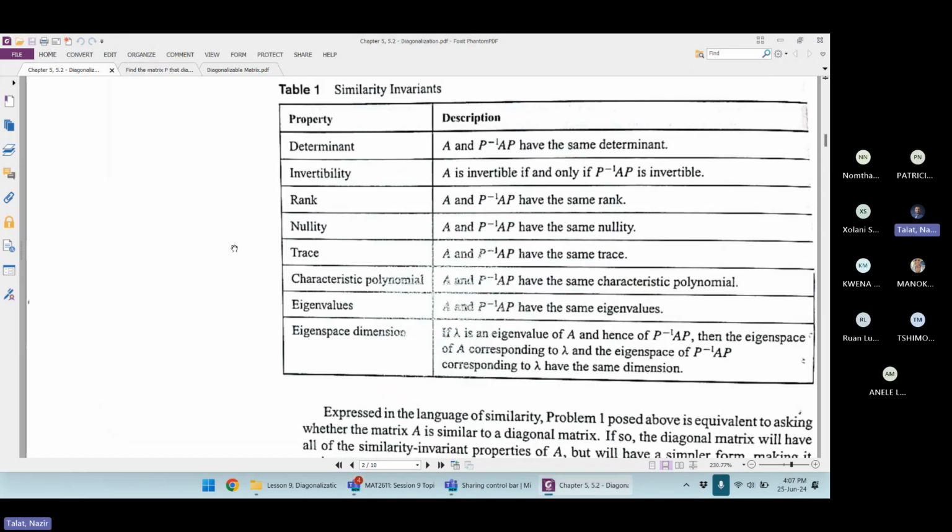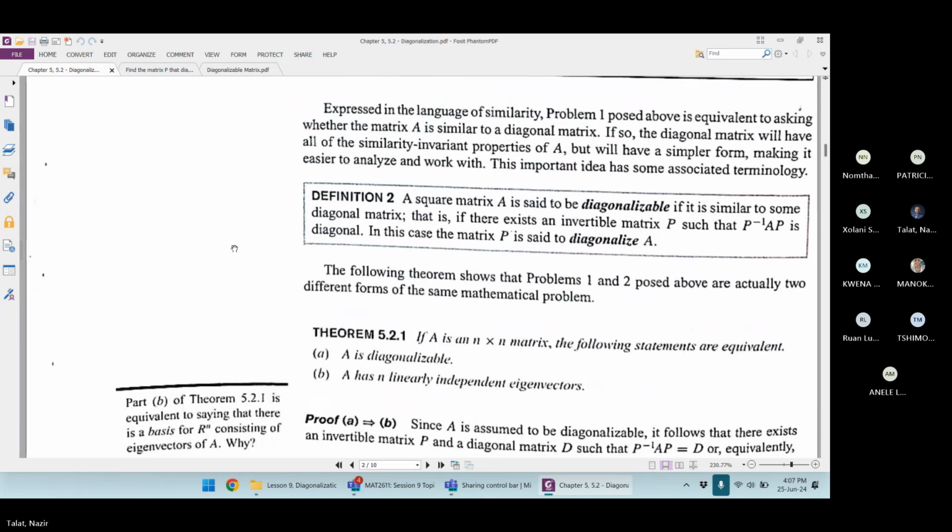Now, let us see that a matrix A is said to be diagonalizable if it is similar to some diagonal matrix, that is, if there exists an invertible matrix P such that P inverse A P is diagonal.